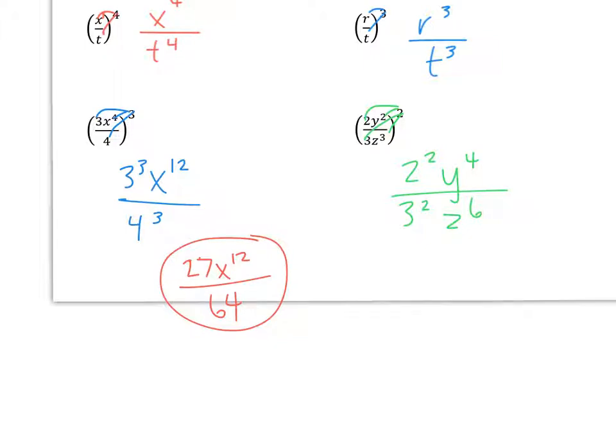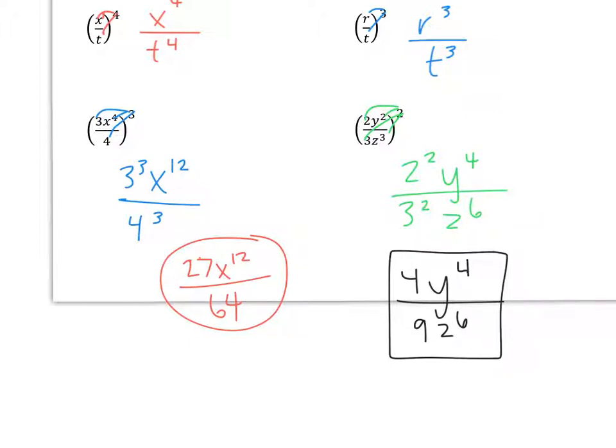And 2 to the second is 4. Y to the fourth, all over 3 squared is 9. Z to the sixth. And I can't simplify because 4 over 9 is a fraction that can't be simplified any lower. And y and z are not the same bases, so I cannot simplify any of those exponents there. So that would be fully simplified.